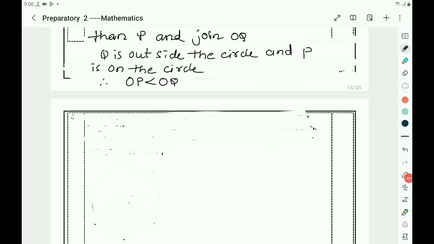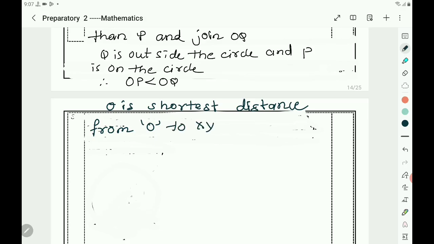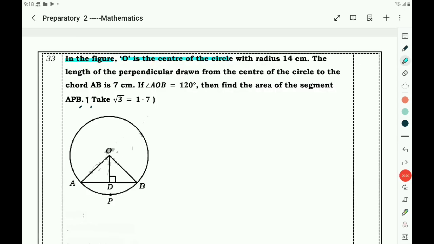Therefore, OP is the shortest distance from O to XY. Therefore, OP is perpendicular to XY.